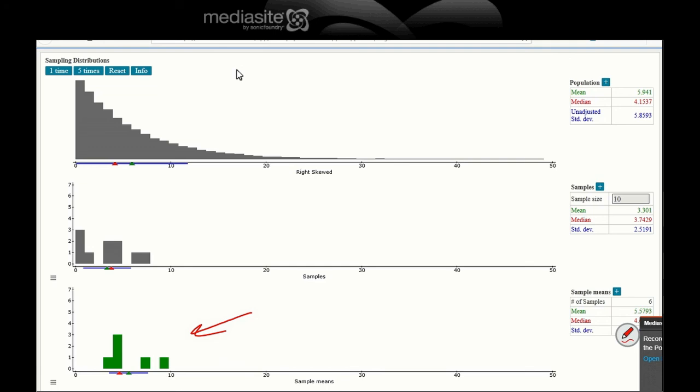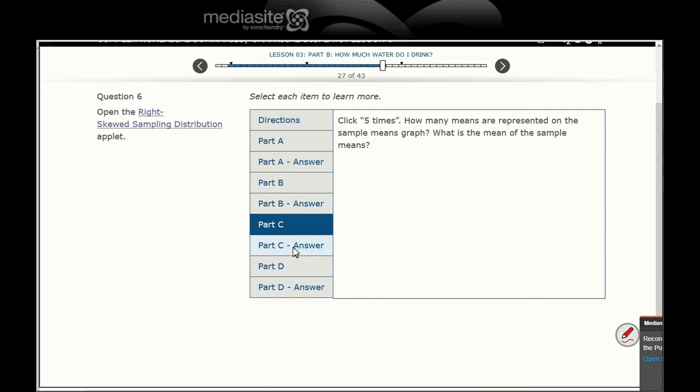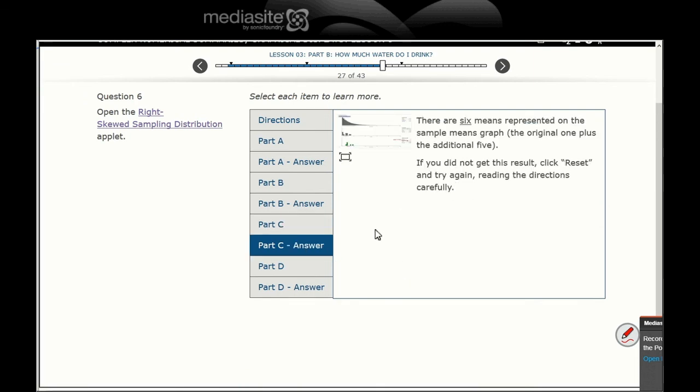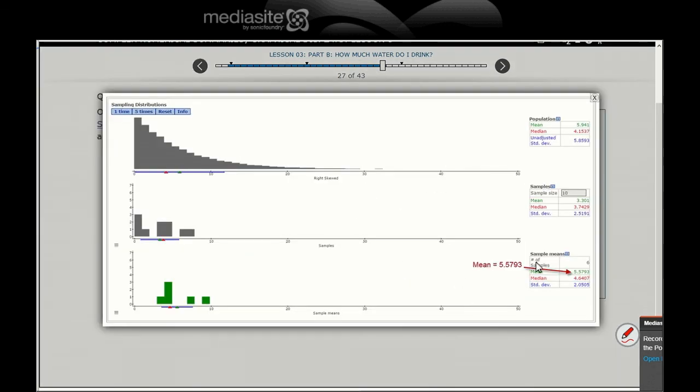Again, we have a mean of 5.57, versus 5.941. So not perfect, but it's pretty close.